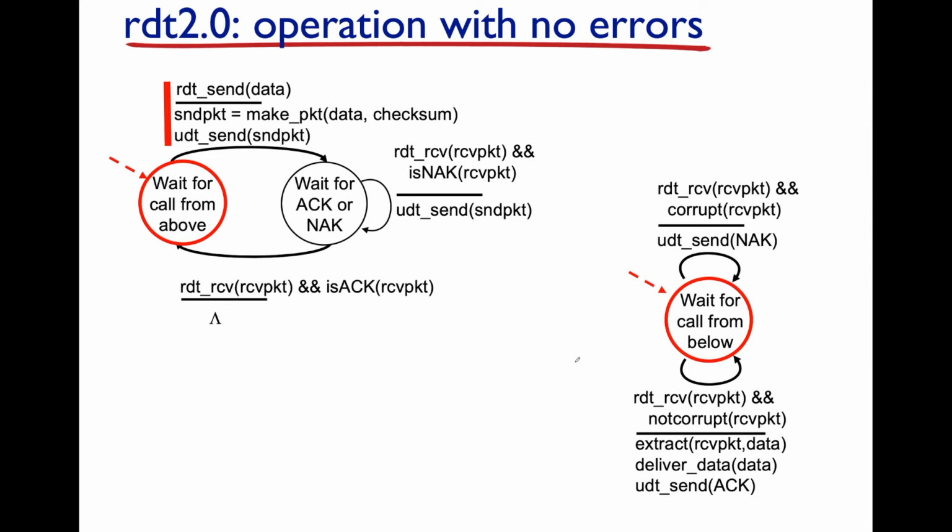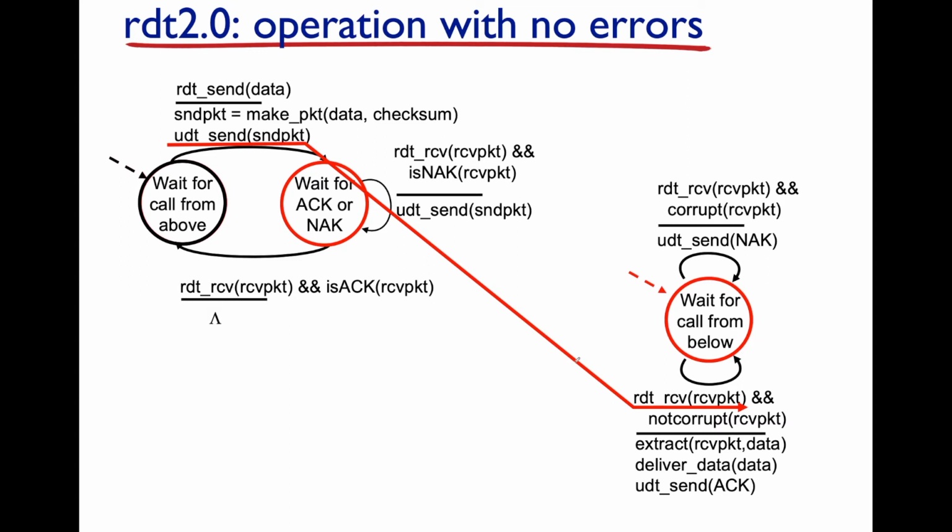And so in response, we make a packet, and we include the checksum with that data when we make the packet. Then we call UDT send, unreliable send. And when we call this unreliable send, we then transition in the sender, waiting for an acknowledgement or a NAK from below.